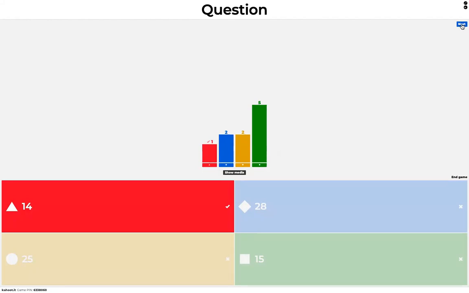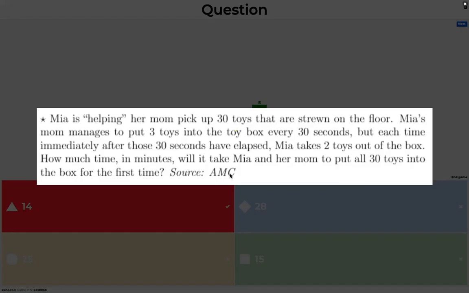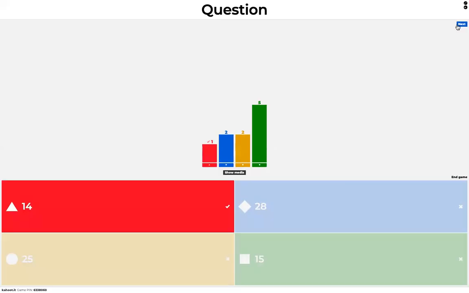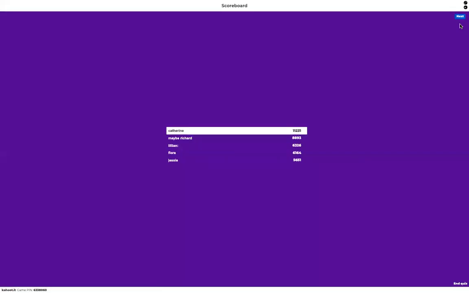Sometimes they can have stuff like that and trip you up. And it said minutes, not seconds. The MAA likes to do stuff like that to trip you up. So nice, Richard, for getting that correct.